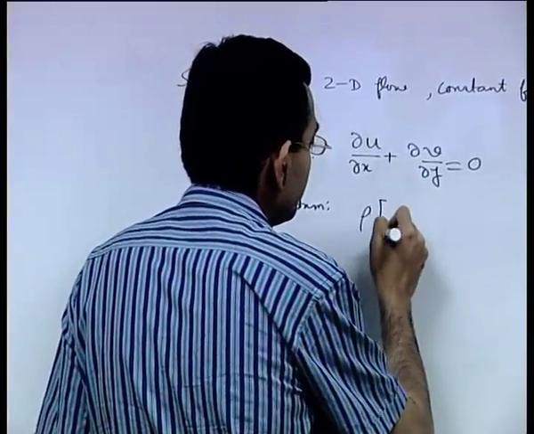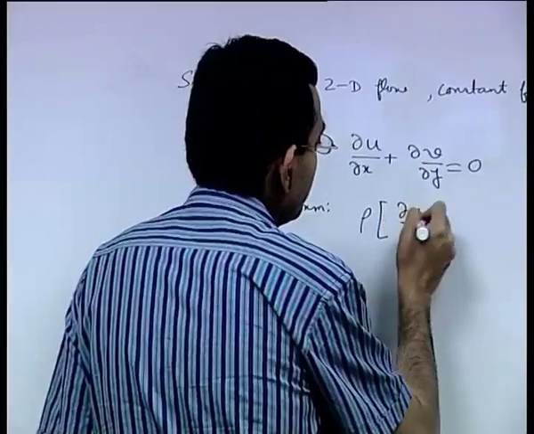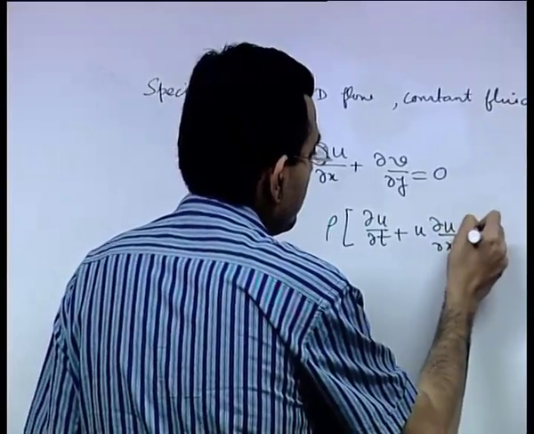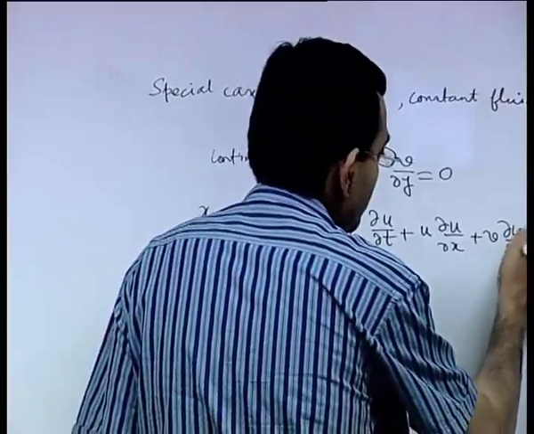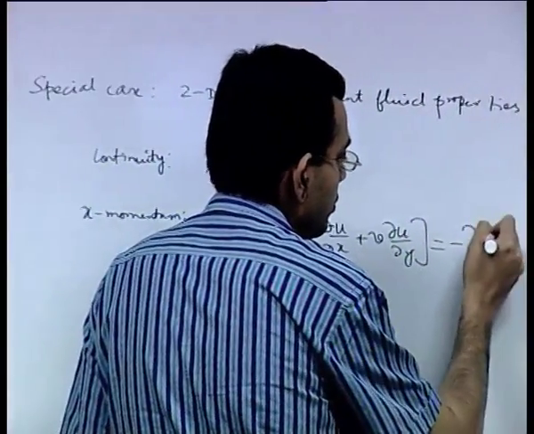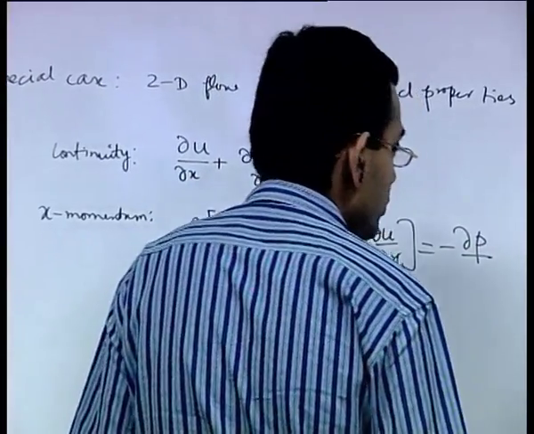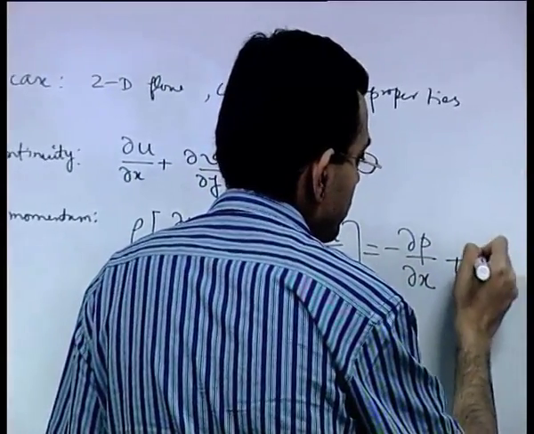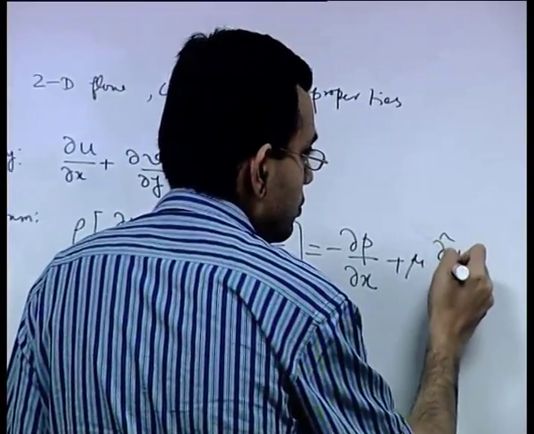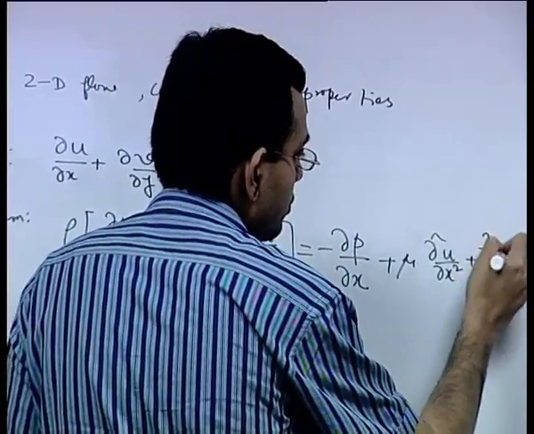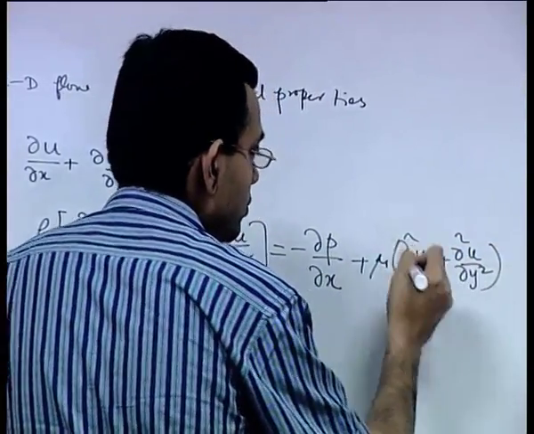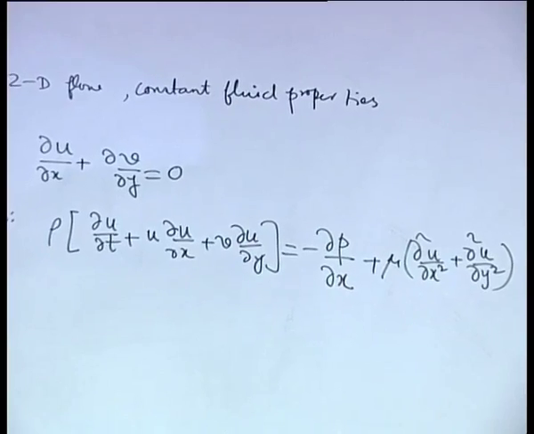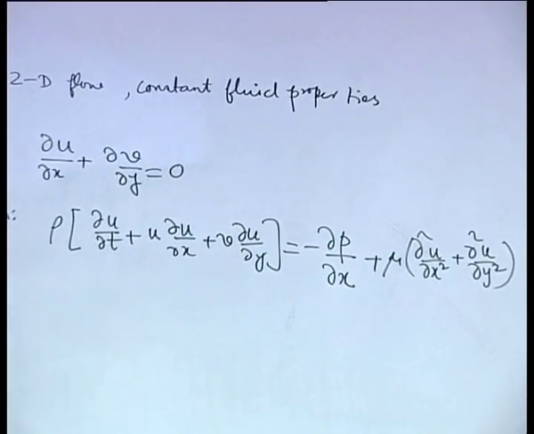So rho, this is the x momentum equation, and similarly the y momentum equation.